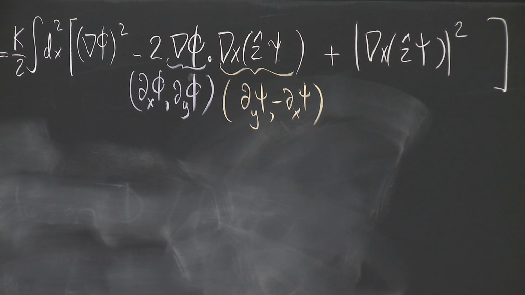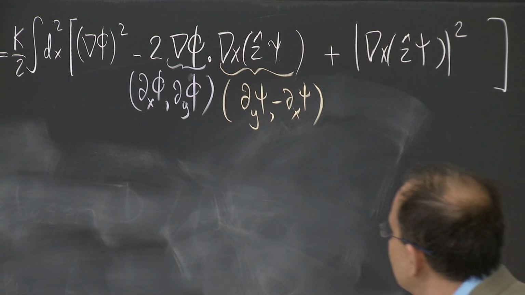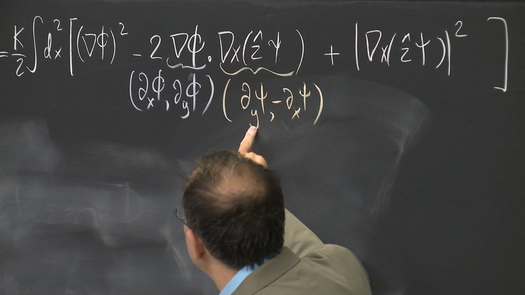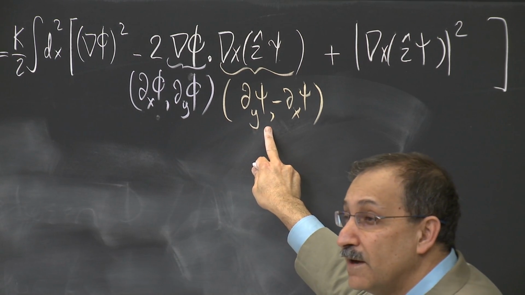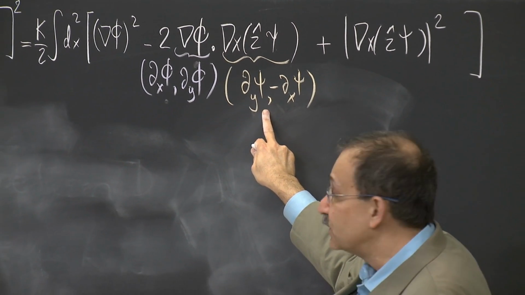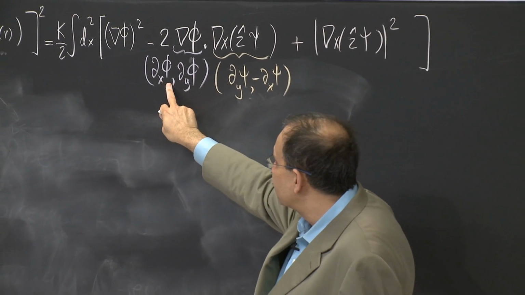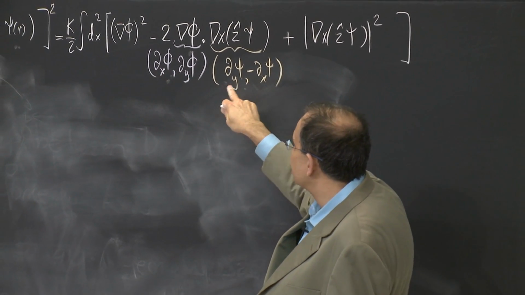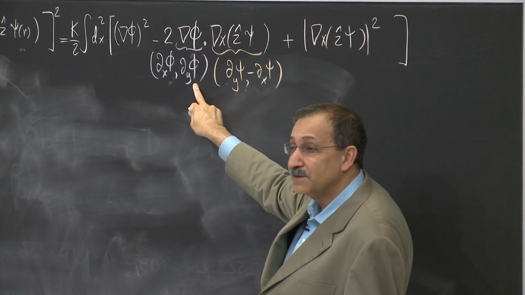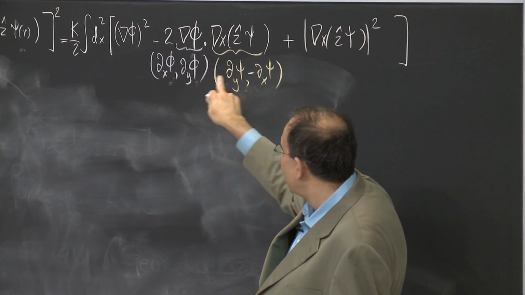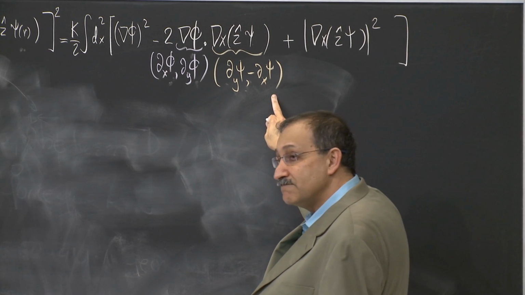Now you can see that if I were to do the integration here, there's a dx phi dy psi. I can do that integration by parts and have, let's say, phi dx dy psi. And then I can do the same integration by parts here, and I will have phi minus dx dy psi.